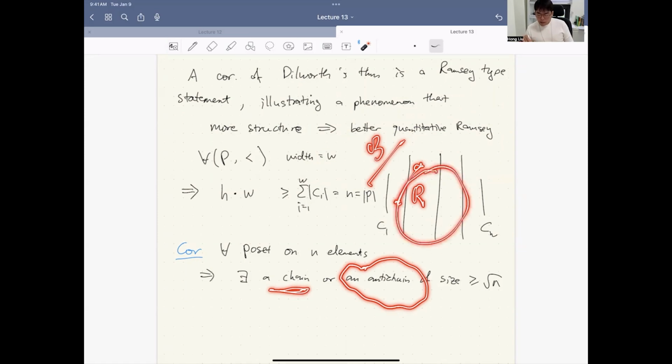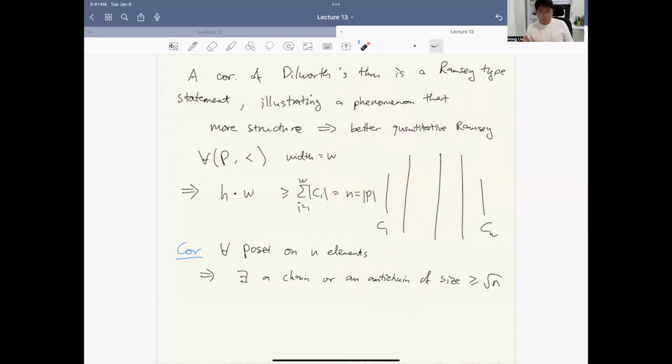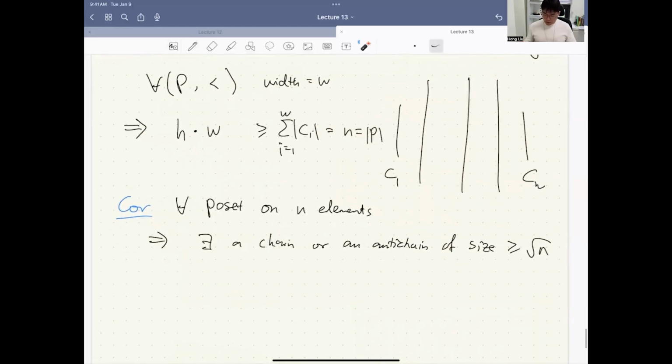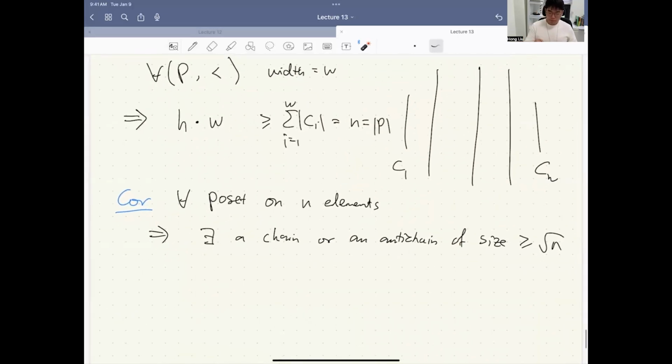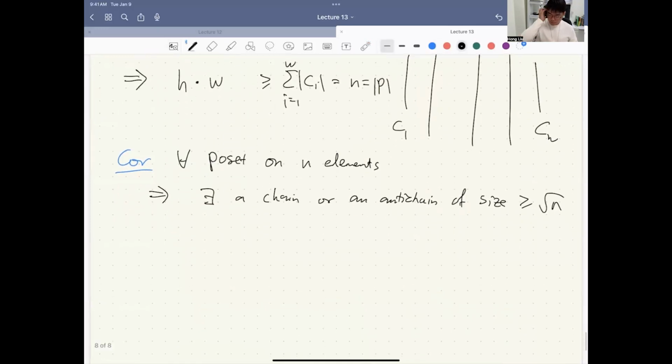Then the red clique is an anti-chain, and the blue clique is a chain. So, okay. The important remark here is that in this red-blue coloring, when it corresponds to a poset, we can get a square root n clique.